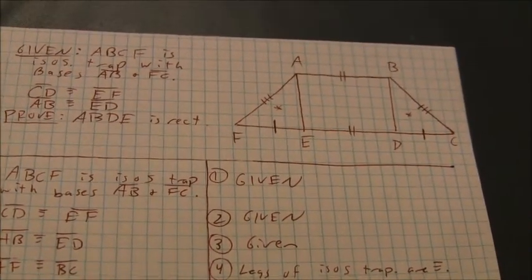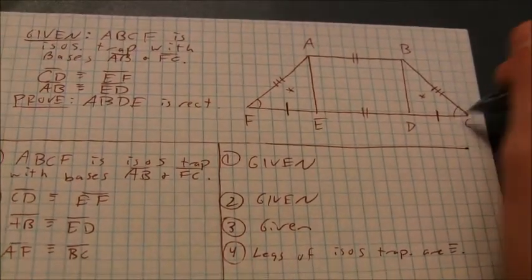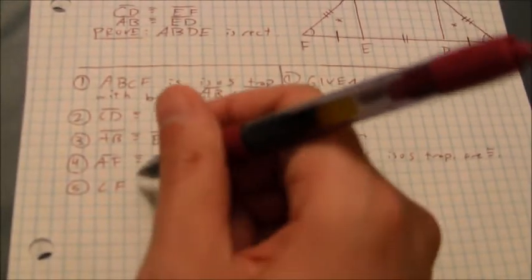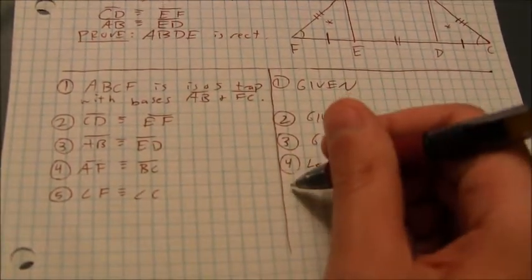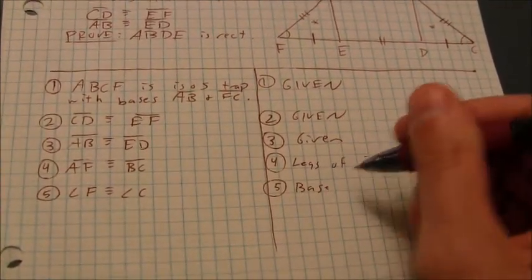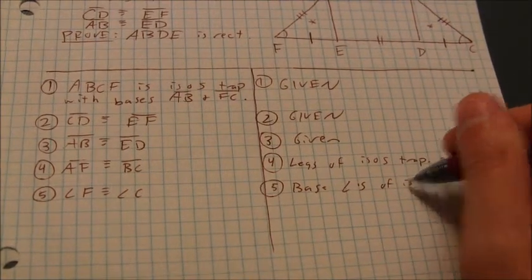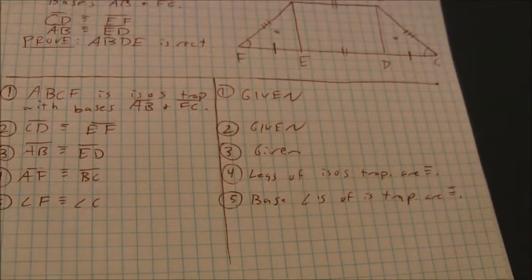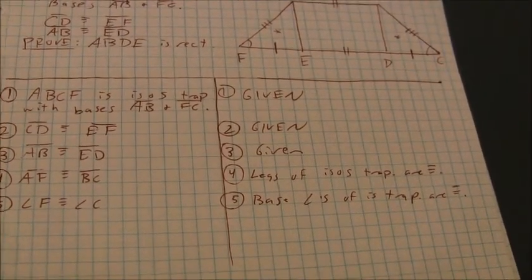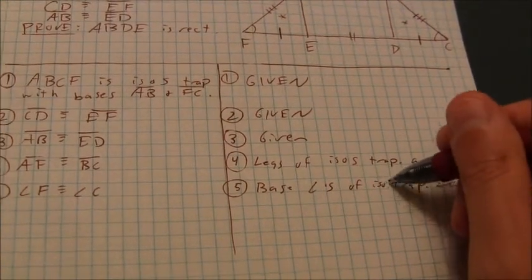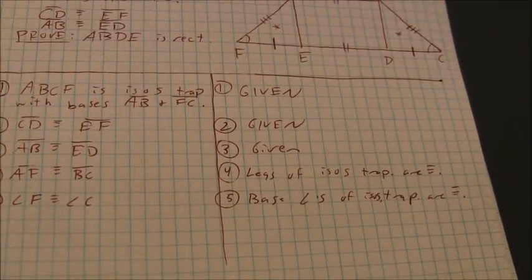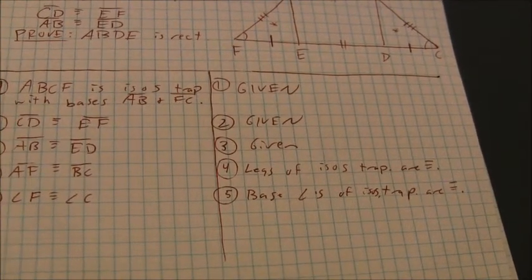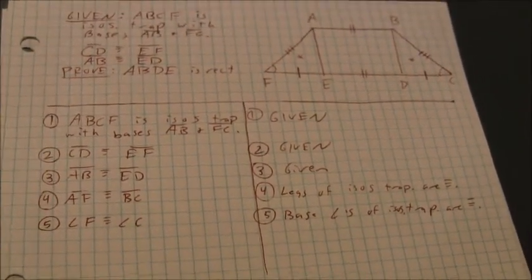And I also know that base angles of isosceles trapezoids are congruent, so I can say that angle F is congruent to angle C. Base angles of isosceles trapezoids are congruent. Or, of course, I could write these in if-then form. If a quadrilateral is an isosceles trapezoid, then its base angles are congruent, if I want to write it out the longer way.